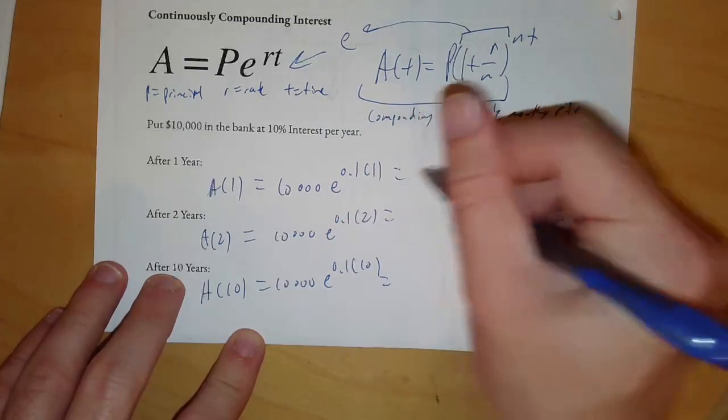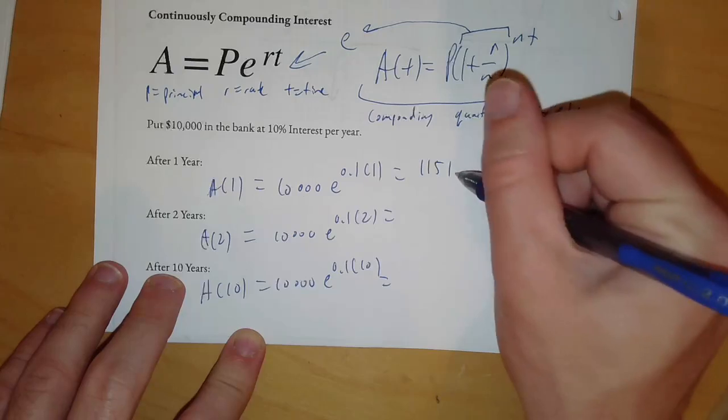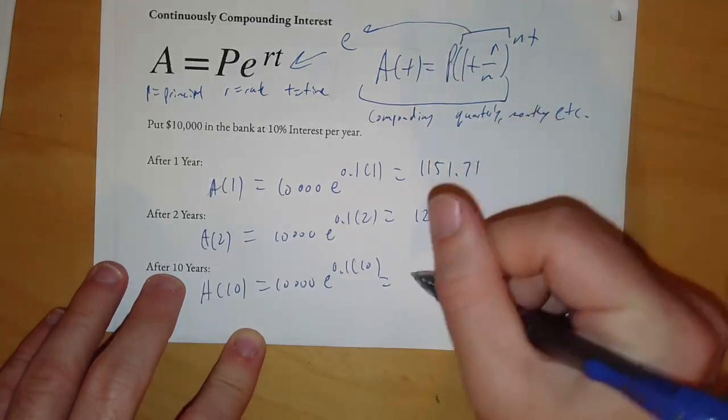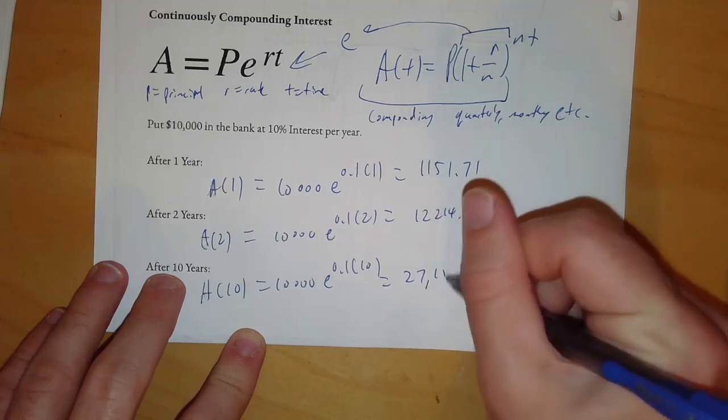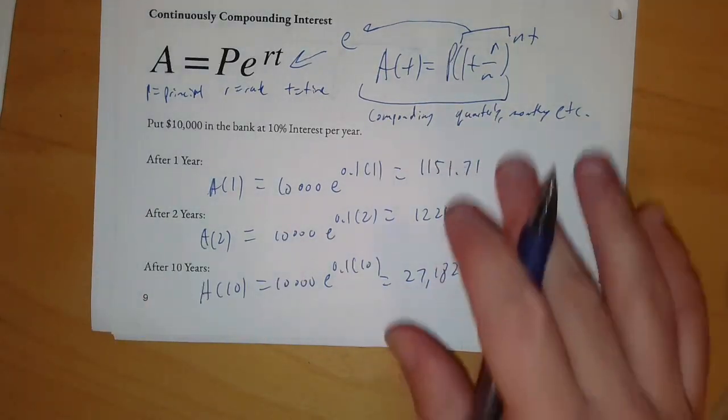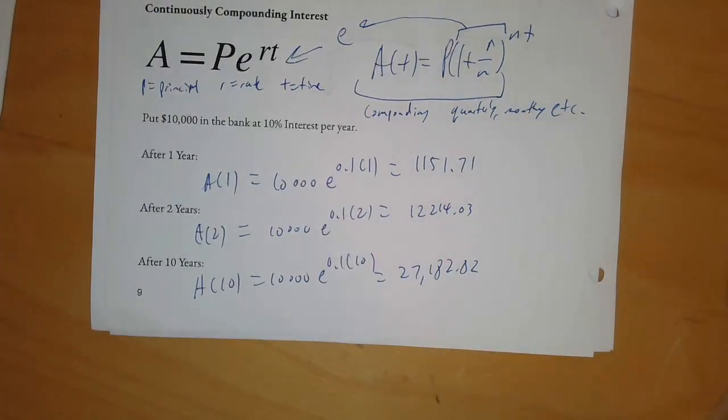These would equal 11,051.71, 12,214.03, and 27,182.82. So it's the same way you use the previous formula, but it's even simpler, because you're just using that E value and not the 1 plus R over N.